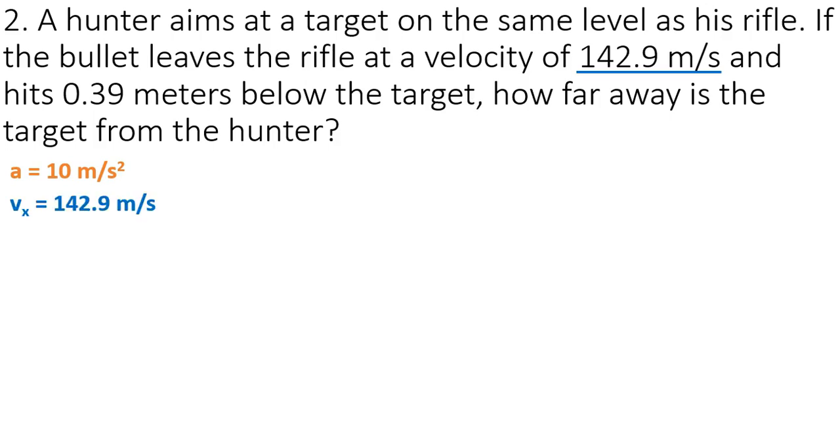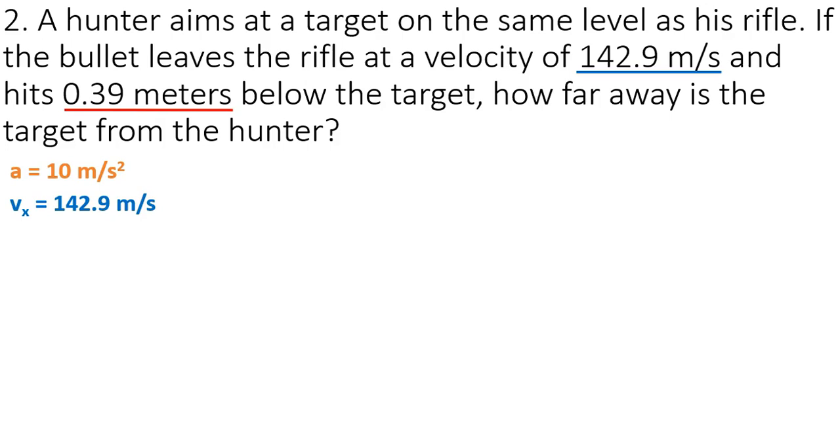We know that that's a Vx because if you imagine someone aiming a rifle, they're not aiming it vertically straight up into the air. They're aiming it horizontally at a target that's in front of them. So our Vx is equal to 142.9 meters per second. Our bullet hits 0.39 meters below the target.